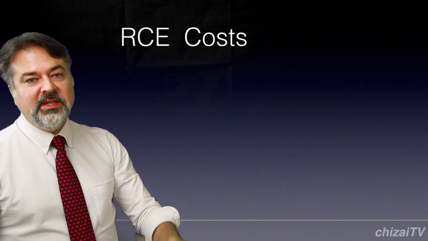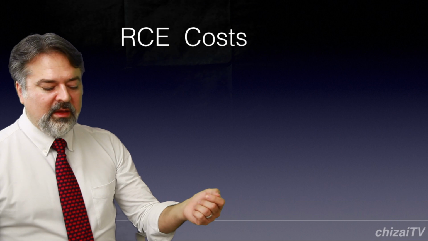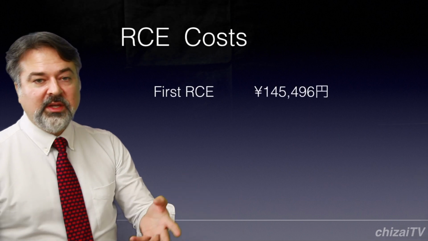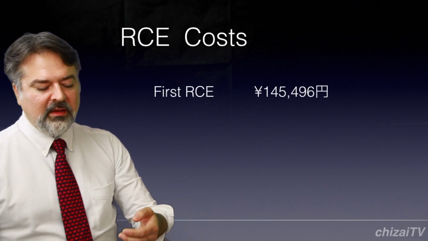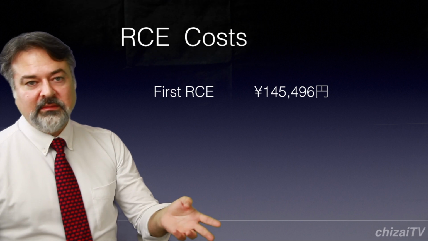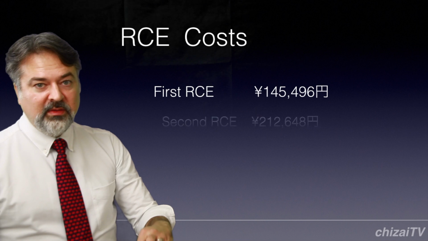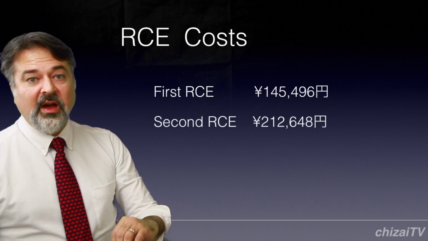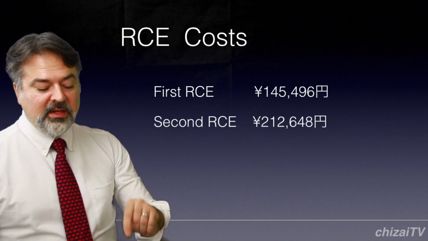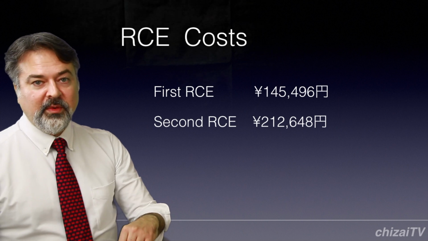So, RCE costs. A first RCE, with the exchange rate as of yesterday, is about 14万5千円. And then if you file a second RCE in the case, the cost goes up to 21万2千円. So there's a significant increase there.